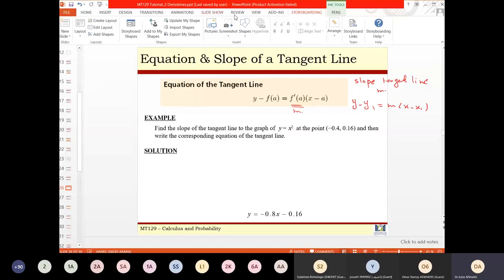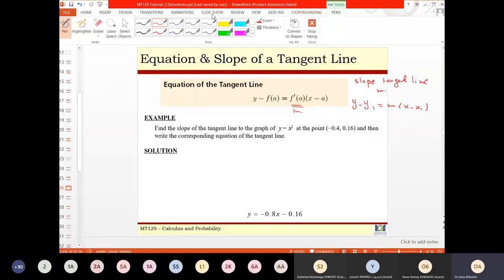Find me the slope of the tangent line to this curve at this given point. And then number 2, write me the corresponding equation of the tangent line. Get me the slope first, and then the equation of the tangent line. We agreed that the slope of the tangent line means the derivative.